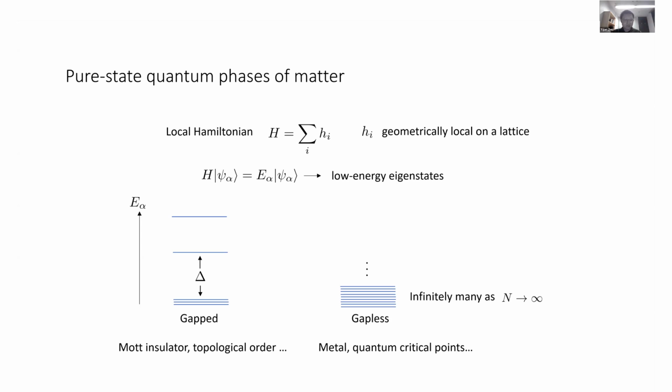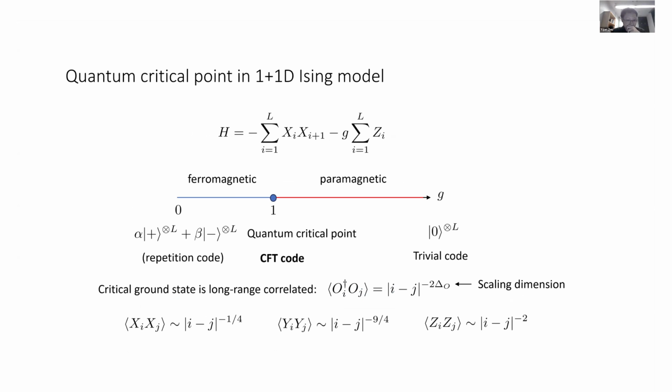For gapped systems, you could have a trivial insulator and also topological order, but for gapless systems, you can describe a conductor like a metal and also quantum critical points, which I'm going to talk about today. To give you one very simple example, and this is the example that I will treat today, this is the Ising model.